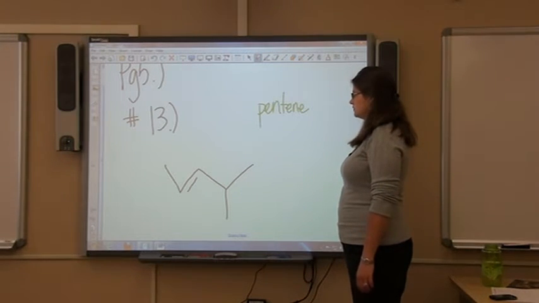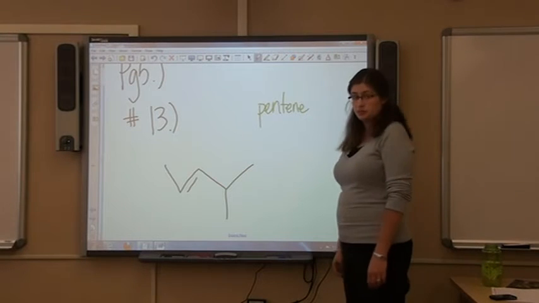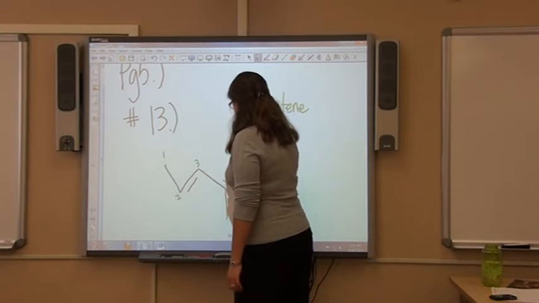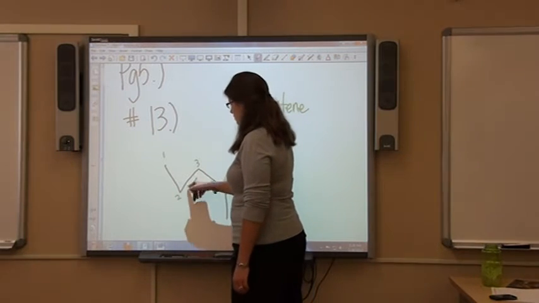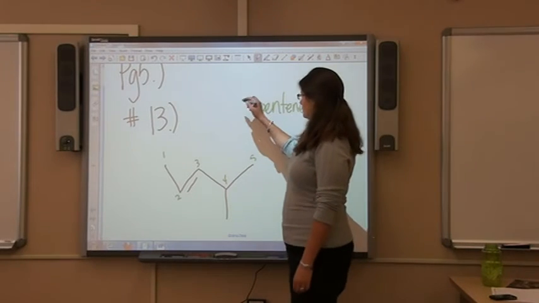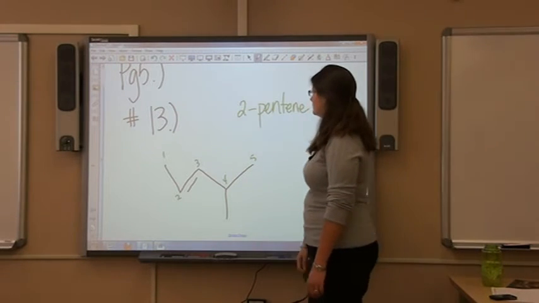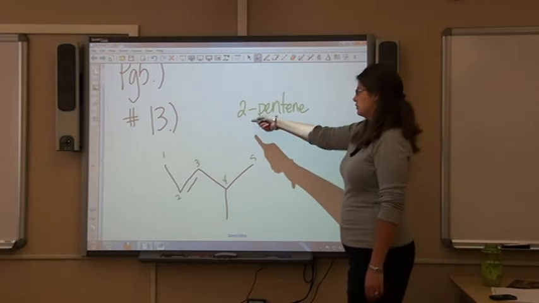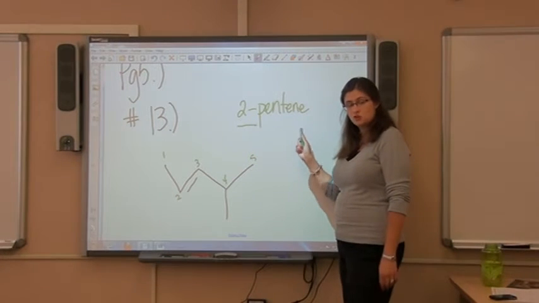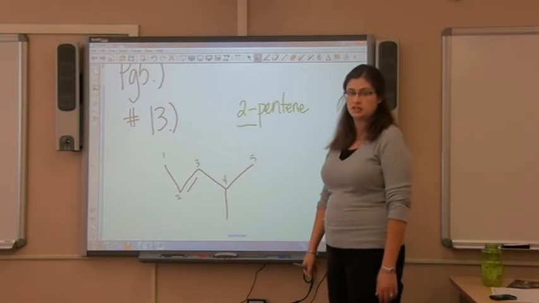Okay, now the first thing is to number where that double bond comes in. So we have to do our numbering. We have to start from the left here so that this carbon, the first one in the double bond, has the lowest number possible. This number is what describes where your double bond is located in the 5-carbon chain.